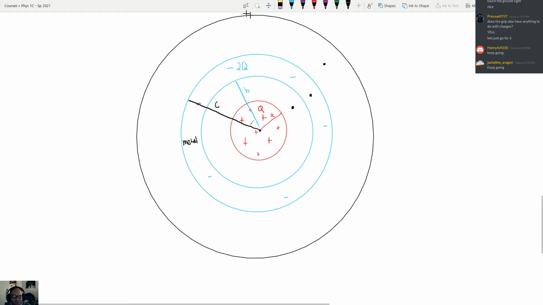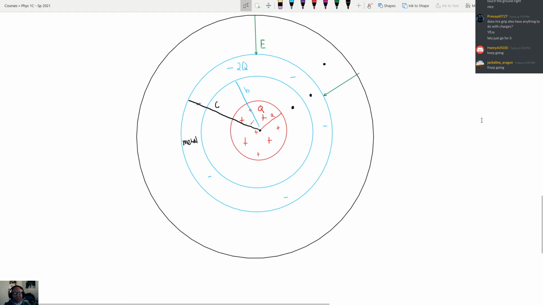So my guess would be that our electric field lines should point like this. They should basically be pointing towards that negatively charged system right there. I say that because there's a total charge of negative q when you sum up this one and this one, right? So I think that's the direction of the electric field.